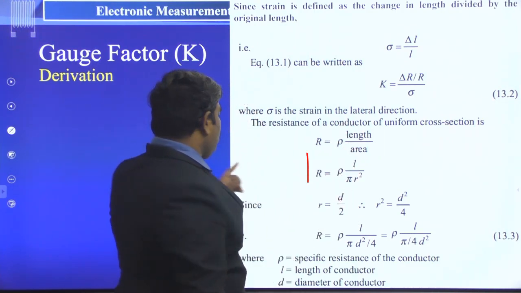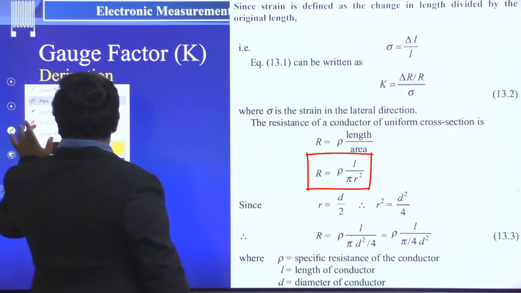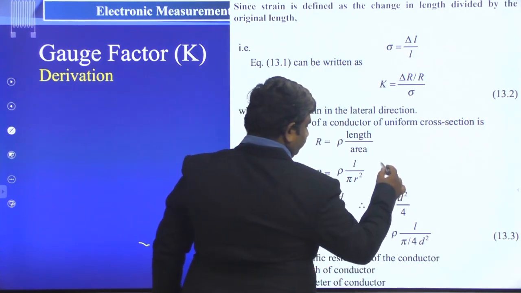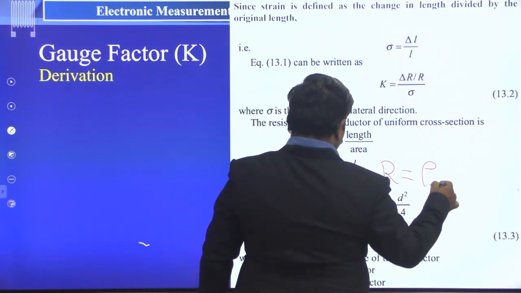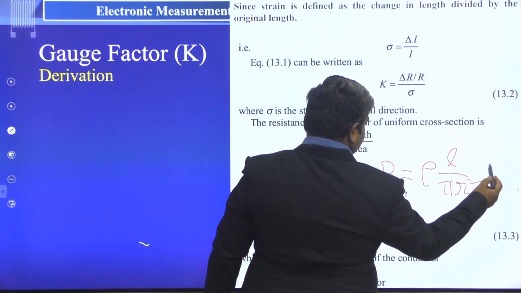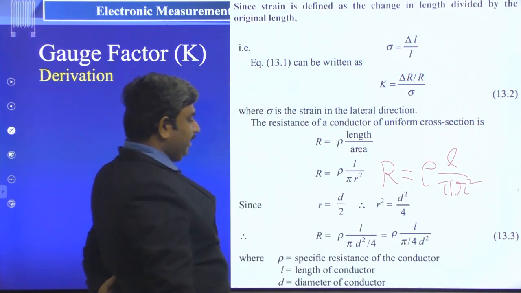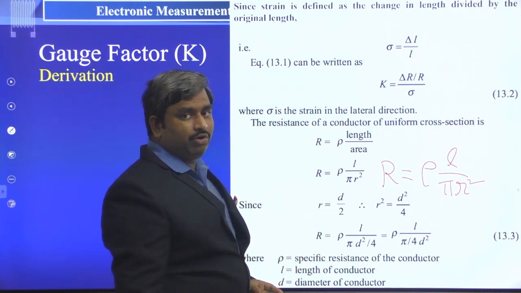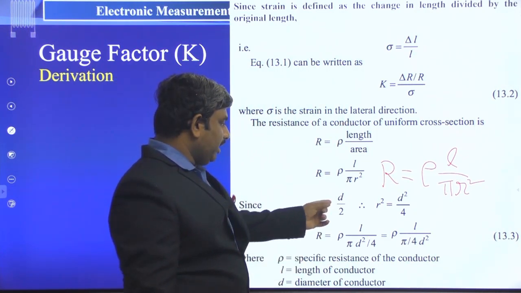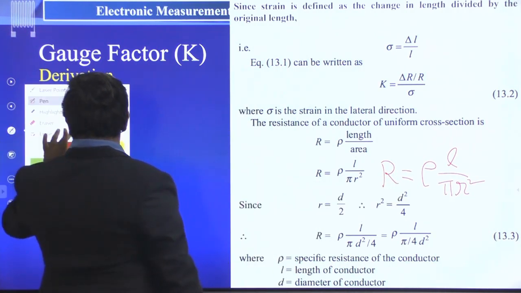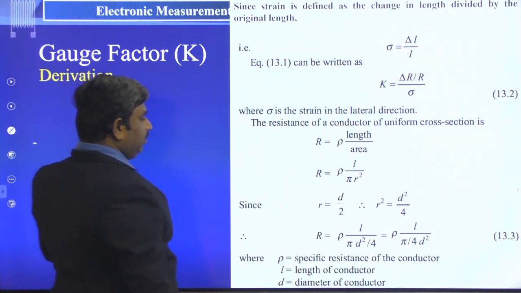So R is equal to rho L by pi r square, and r is equal to D by 2. So radius is equal to diameter by 2. So r is equal to D by 2, r square is equal to D square by 4.